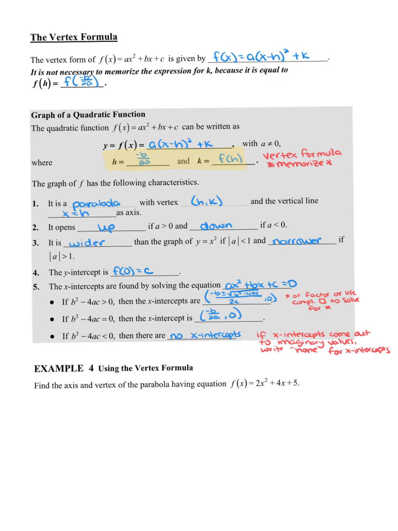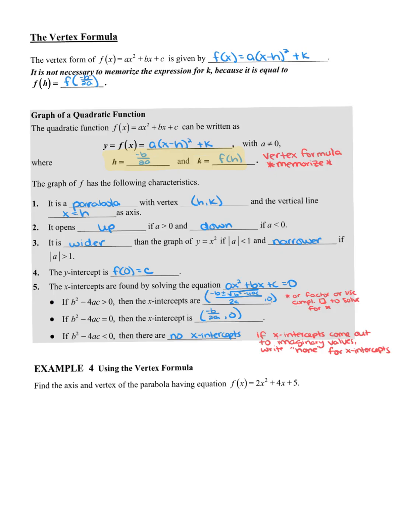The imaginary values would be solutions to the equation, but they would not be x-intercepts, because x-intercepts means that the graph crosses the x-axis at those points. If they're imaginary, then the graph is not crossing it. So for the x-intercepts, you would need to write none if they're imaginary.